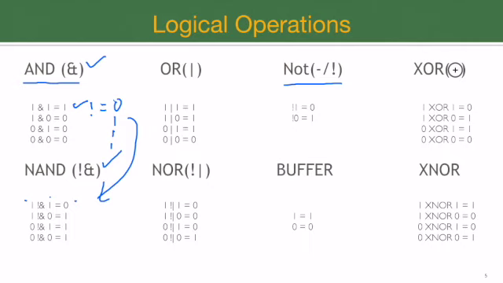Similarly, the reverse or NOT of OR is a NOR operation. The reverse of NOT is buffer operation. Buffer is just forwarding whatever value is received, that value is forwarded. Buffers in general are also called storage units, and they are also known as flip-flops.